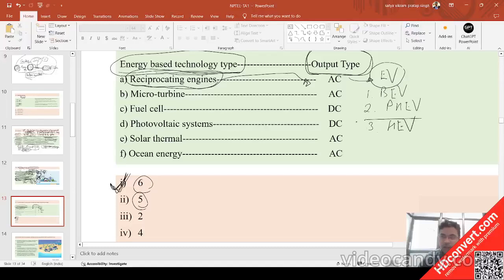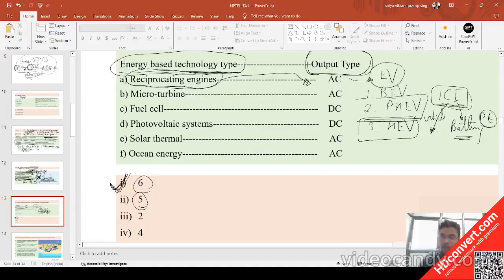The hybrid electric vehicle concept is such that the IC engine is there, which gives power to the vehicle and also to the battery. It means this battery is getting charged with this DC power supply by the IC engine, and the vehicle is also getting power from the IC engine. This is a kind of hybrid system.